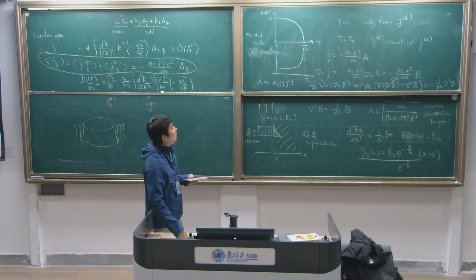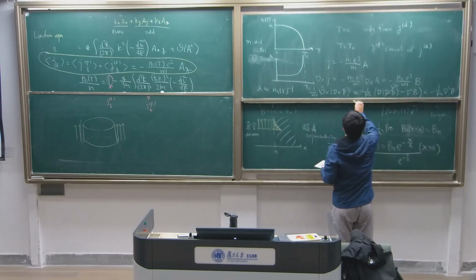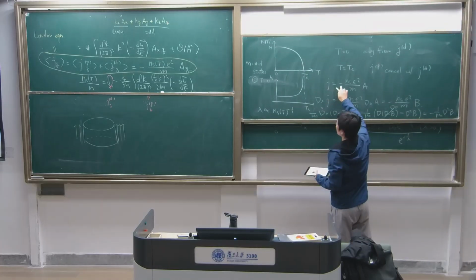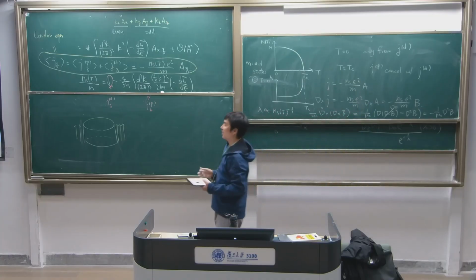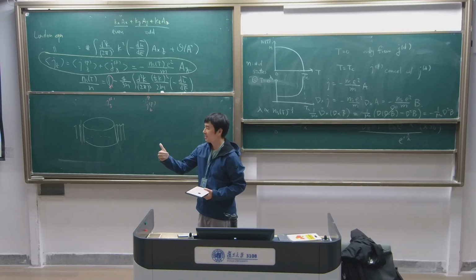So J, the London equation is J is proportional to minus A, which means that we should obey like this, right?